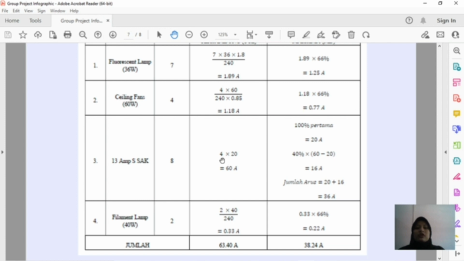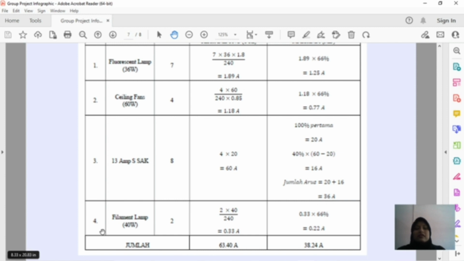We divide by 2, so 4 times 20 equals 80 A. So we divide it into two parts: the first 100% is 20 A, and for 40% times the TCL answer, minus 20, we get 16 A. So we total it, 20 plus 16, and it will get 36 A.